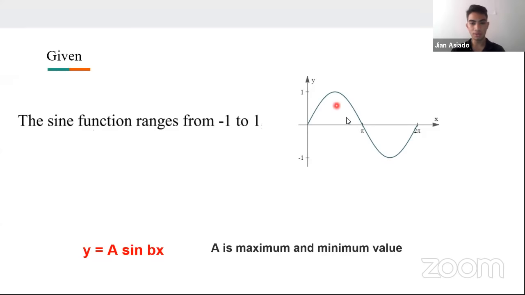Why is that? Because sine pi is just 0. But sine of pi over 2, you'll notice it's at 1. And for 3 pi over 2, it's -1. So that's just the behavior of the sine function.